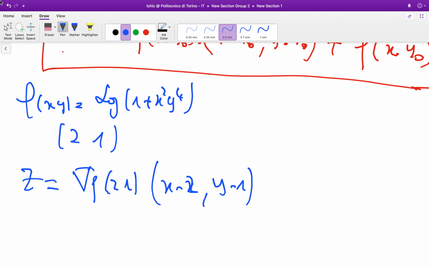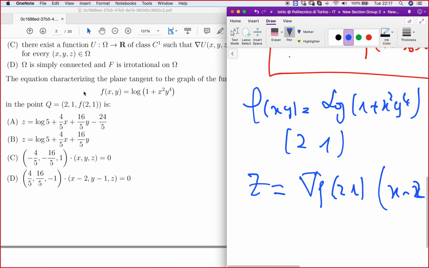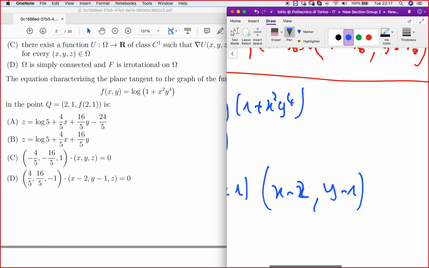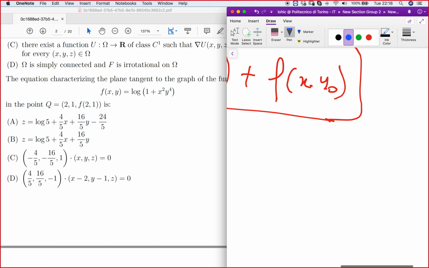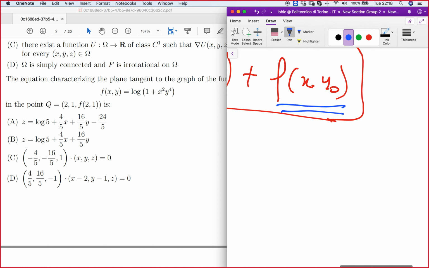The last term is just the image of the point 2, 1, f of 2, 1, which I will use here.